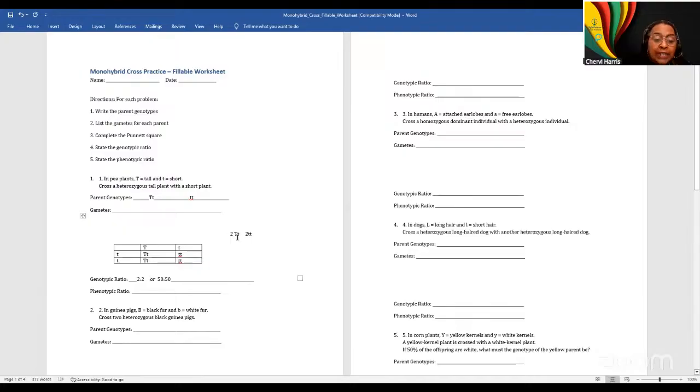So you do want to write this on the line. So let's move them over here. You do want to put them there. All right, so put that there. Phenotypes. Now we have to say what they look like. So 2 of them are tall. Actually, 2 tall. And 2 short.